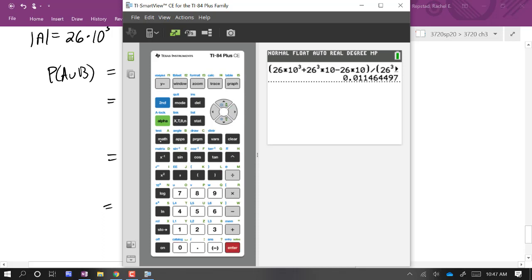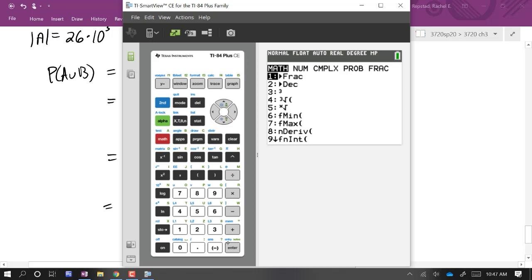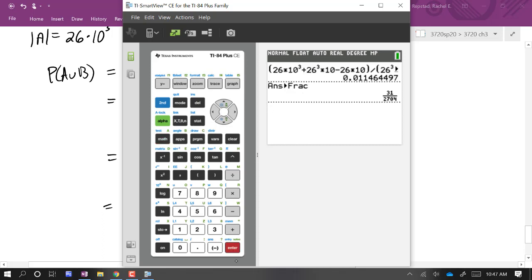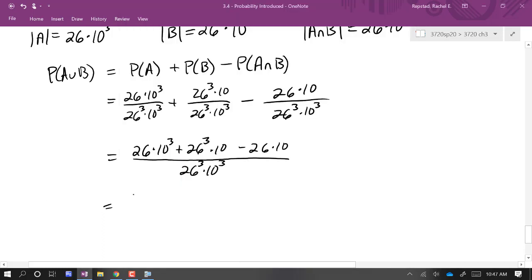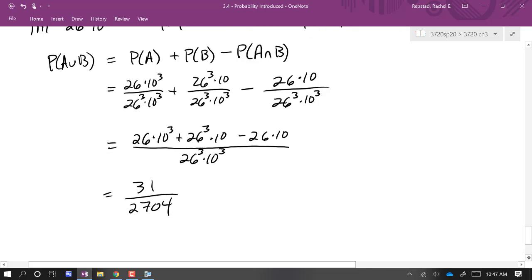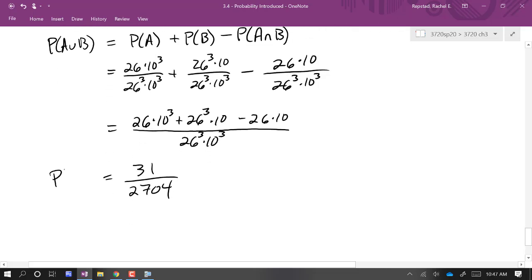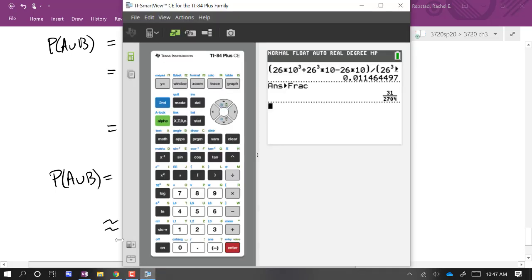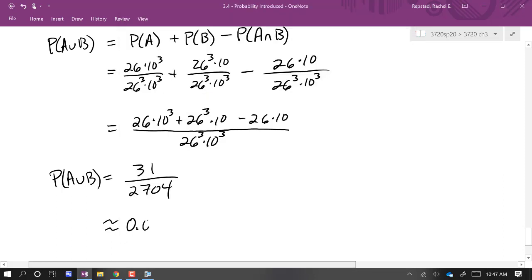I get this decimal. I'm going to see if I can't get a fraction out of that. 31 over 2,704. So there it is as an exact value. It's okay to approximate, and we get 0.0115.